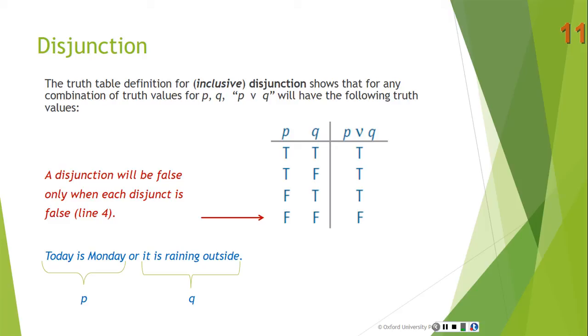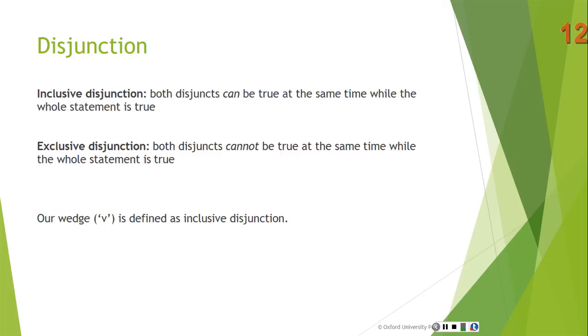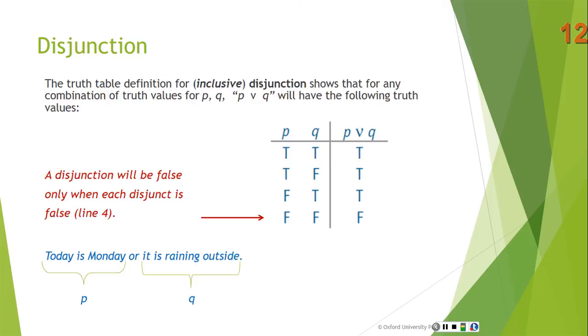That's because there are two notions of disjunction. One is inclusive, one is exclusive. With an inclusive disjunction, both disjuncts can be true at the same time while the whole statement is true. That's the way we've defined this disjunction here, as inclusive.